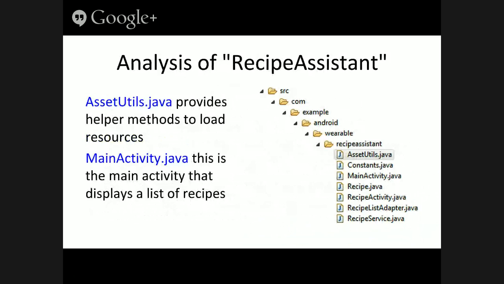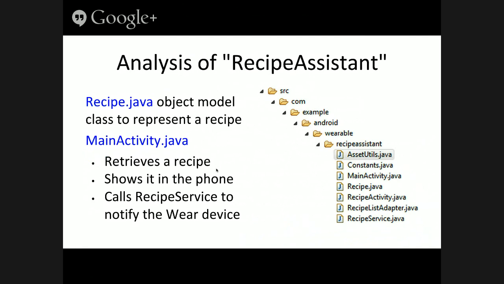Yeah, so just a quick look at the code. Oh yeah, so here he did move it to source. Asset utils provides helper methods to load resources like the pictures on the recipes. So main activity, that's where it starts up. Recipe.java, this is a model class.